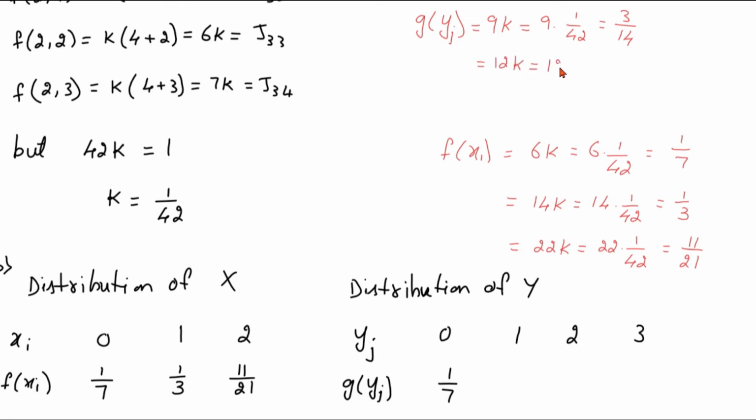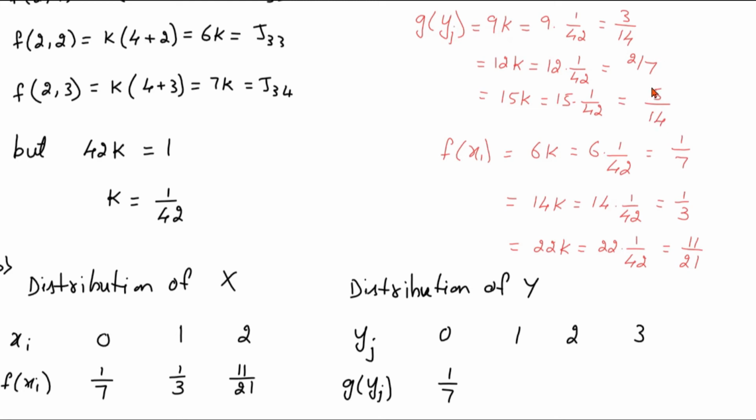It is 12 times 1 by 42, so its evaluation will be 2 by 7. The next value that you have is 15k. That is 15 times 1 by 42, so its value will be 5 by 14.